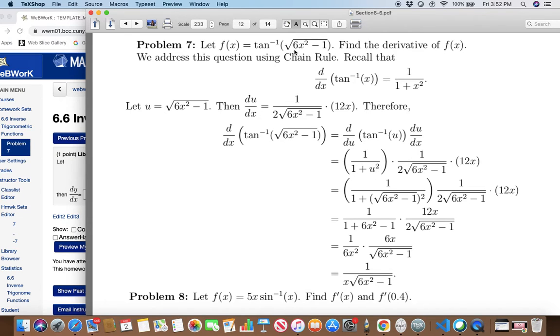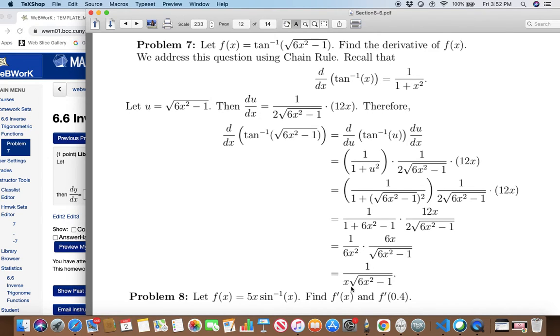u itself is square root 6x squared minus 1. So u squared will be square of that quantity. So notice I get 1 over 1 plus 6x squared minus 1. You see the square root squared. And here I have the rest. Okay. So these two simplify 6x squared. Those two reduce 6x. 6 reduces the 6. x reduces the x squared.